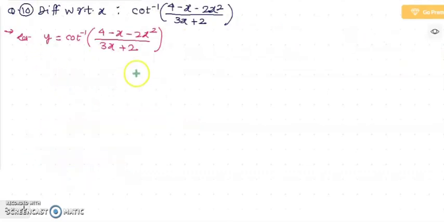This is another example from the same exercise. Differentiate with respect to x, cot inverse of 4 minus x minus 2x square divided by 3x plus 2. Now we can use the formula which we used in the last example, tan inverse of x plus y upon 1 minus xy, or tan inverse of x minus y upon 1 plus xy.